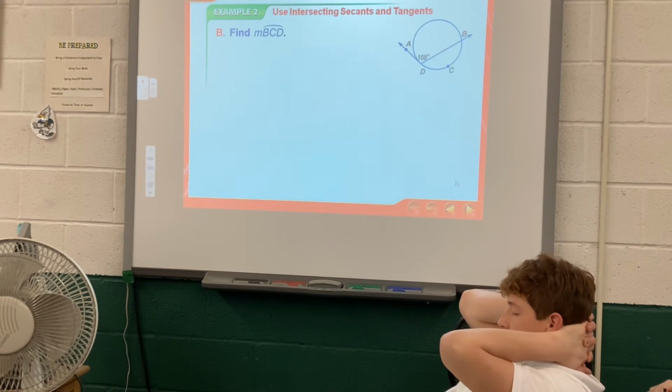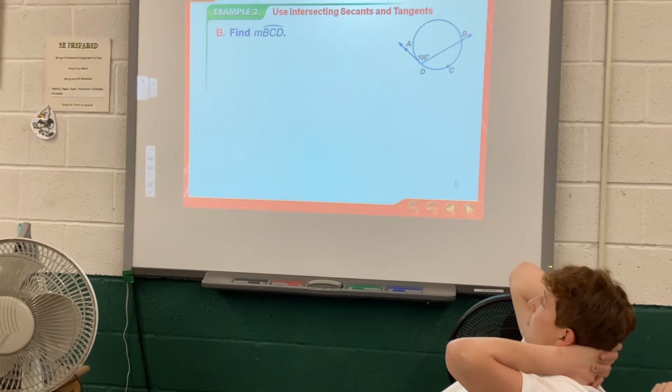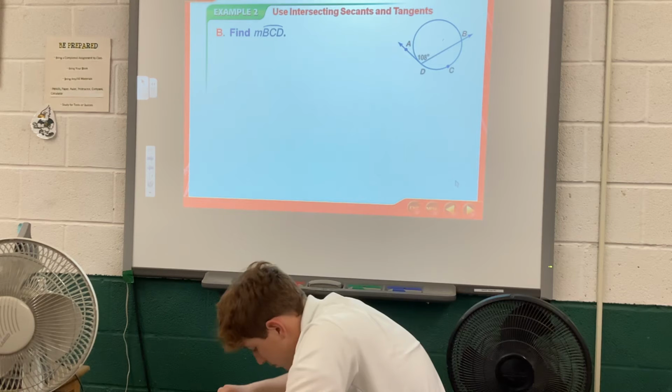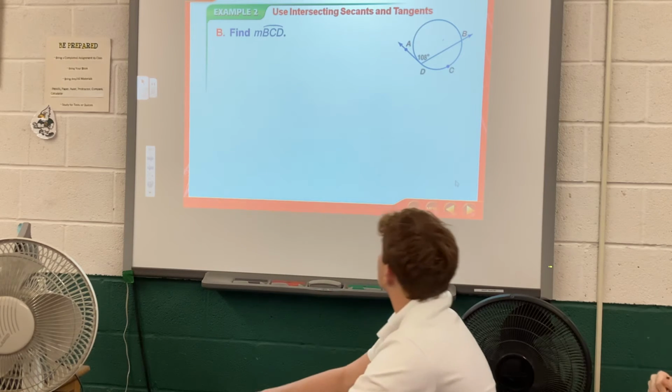So again, make sure that you read it though. Look at this one right here. So this one's trying to fool you a little bit. Find the measure of arc BCD. So they give us angle ADB. So the first thing I would do is find DB, the arc going this way. Right?